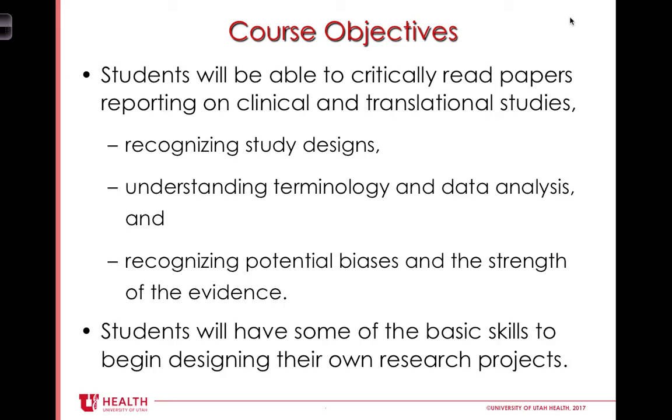Some of the statistical concepts equally apply if you are doing experiments with Petri plates or rats, but most of the theory and examples that we'll be talking about are related to studies of humans. When we say critically read papers, that includes recognizing the study designs, understanding the terminology and data analysis, and recognizing potential biases and the strength of the evidence.